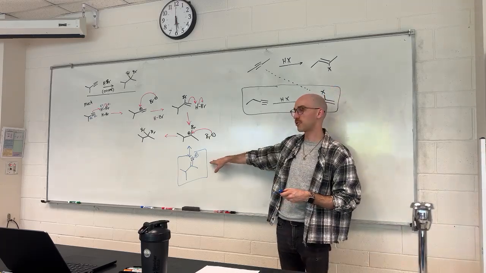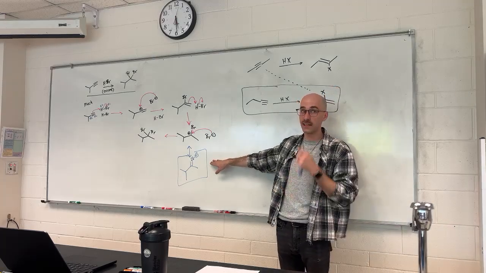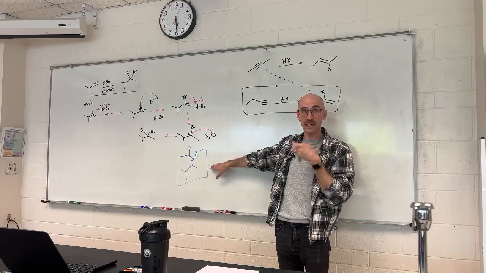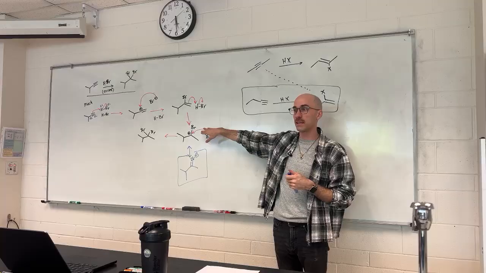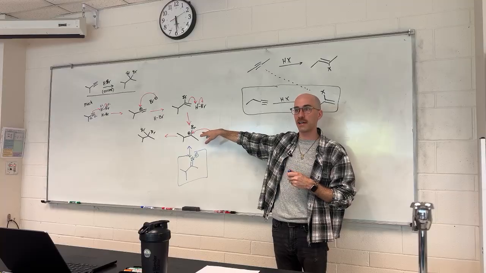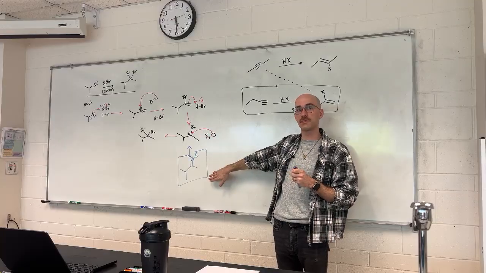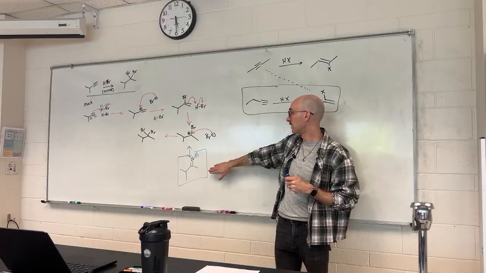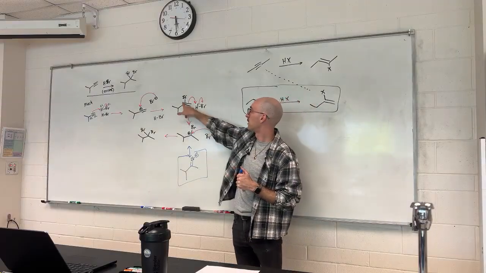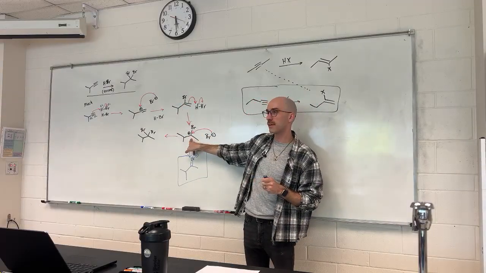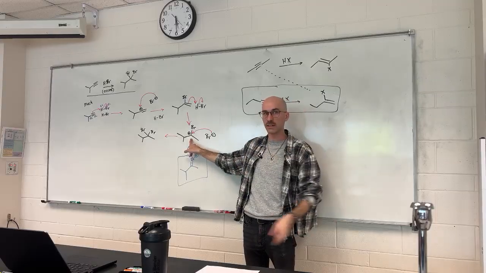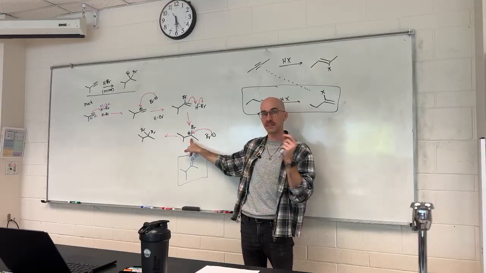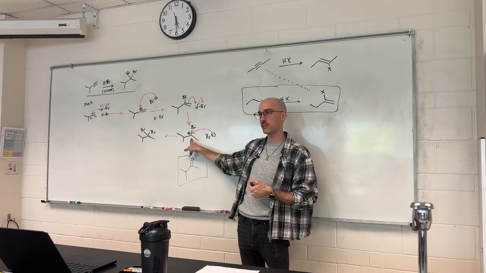But this resonance contributor maximizes octets. Every atom has a maximized octet here versus carbon lacking an octet with the carbocation. So this is a better resonance form. And technically, it is this resonance form that enables this carbocation to form so well. The resulting geminal dihalide is because this carbocation forms no matter what.